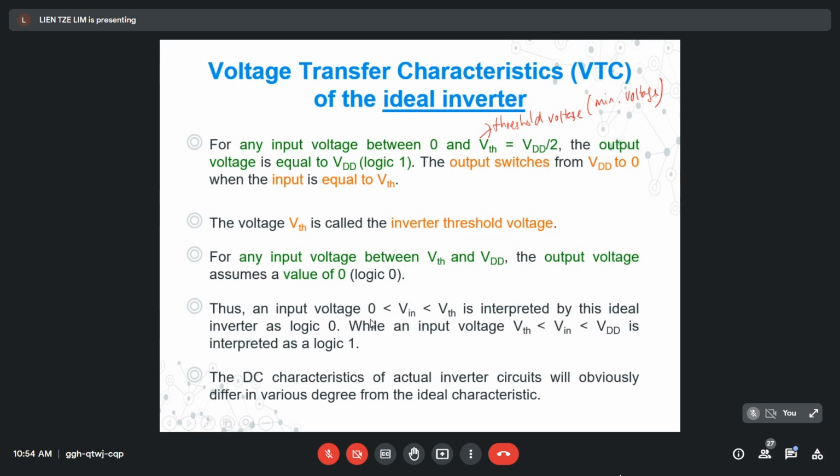It is interpreted by this ideal inverter as logic 0, while an input voltage between the threshold voltage and VDD is interpreted as logic 1. Refer to the graph to see which is logic 0 and which is logic 1. The DC characteristics of an actual inverter circuit will obviously differ in various degrees from the ideal characteristics.